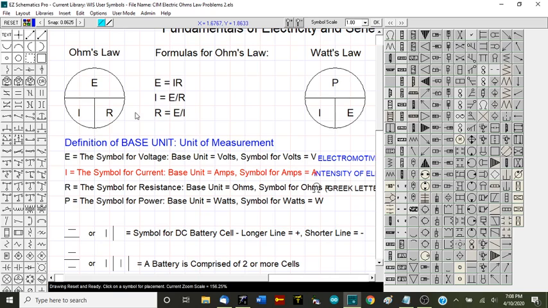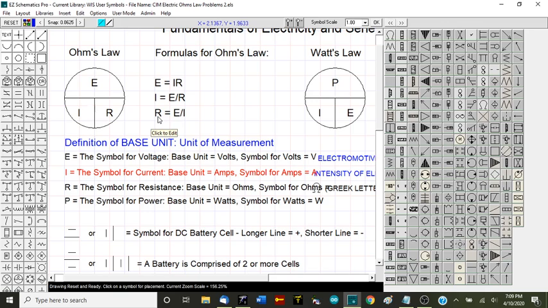The second development of the formula would be an inversion, and that would be the current equals the voltage divided by the resistance. So if I'm given the voltage and the resistance, I can solve for I, the current.